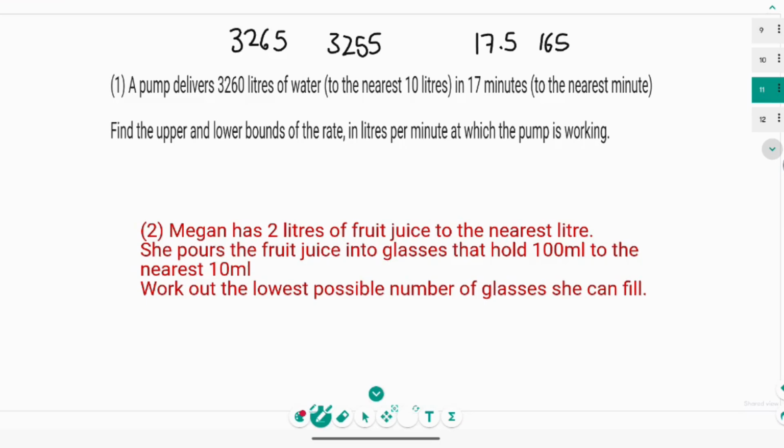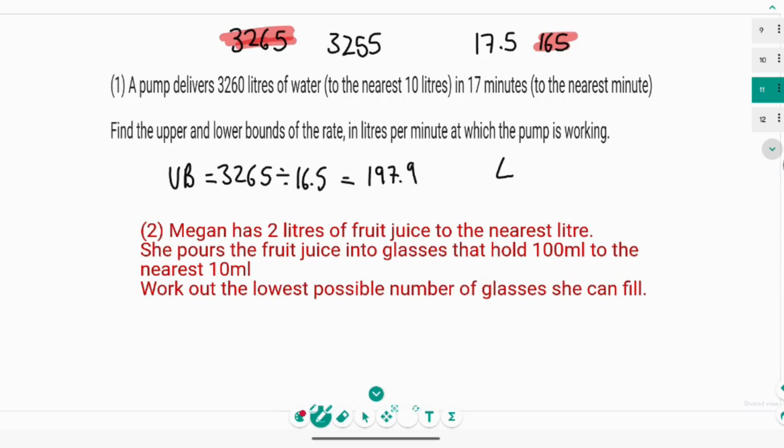Right, now, so to get upper bound, our biggest possible answer, we need the biggest value divided by the smallest. 197, rounded 0.9.